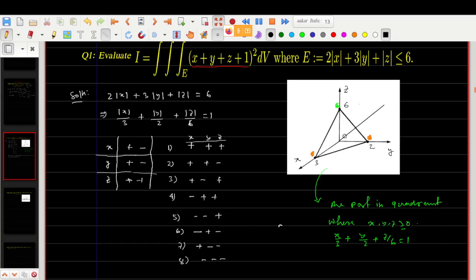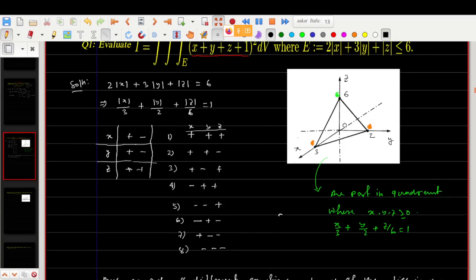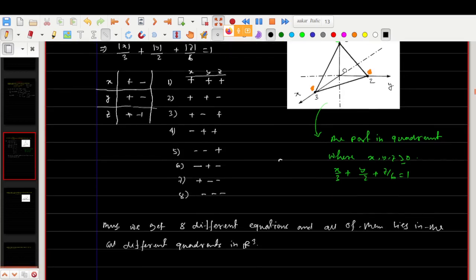Similarly, if you draw lines in the other directions, similarly for the z axis also in this direction, and negative in the y axis also. So you can draw all in 8 different coordinates listed here.